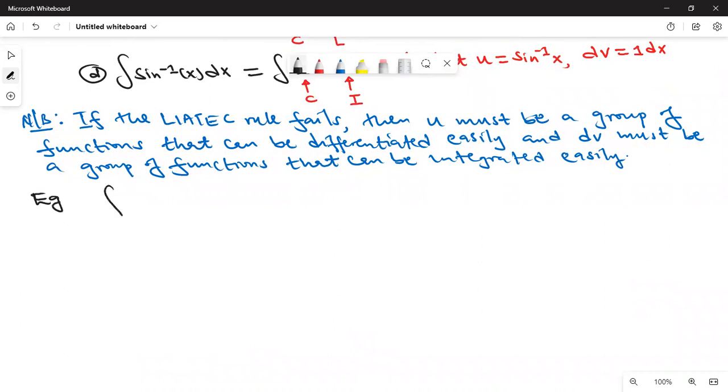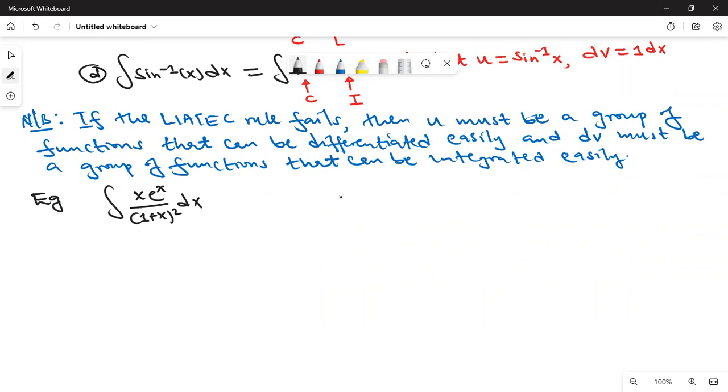Let's say you want to integrate x times e to the x over 1 plus x squared, with respect to x. You see here, how many functions do we have? There are 3. So here you cannot use the LIATE rule because we have 3 functions.